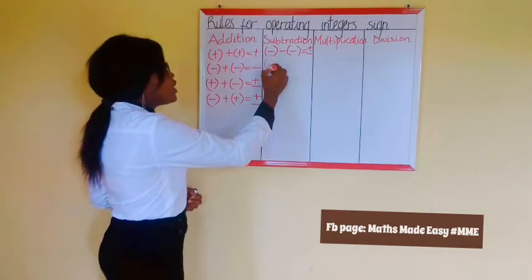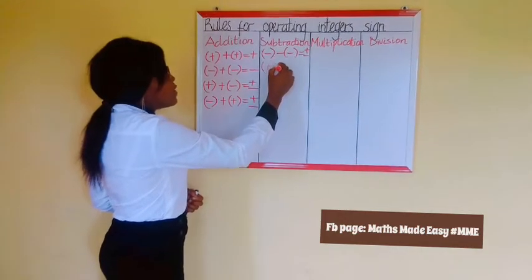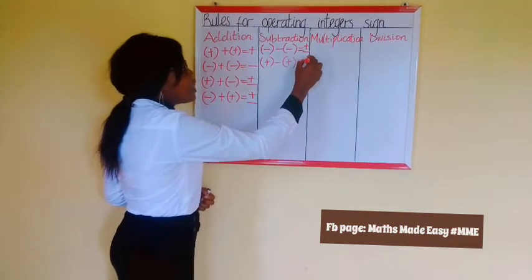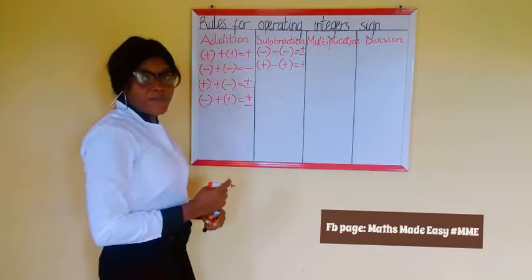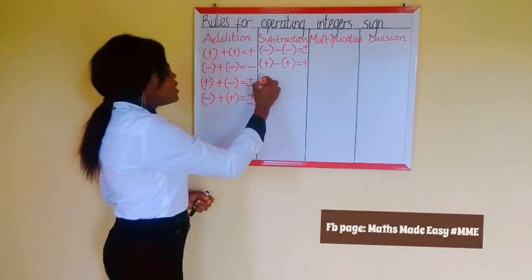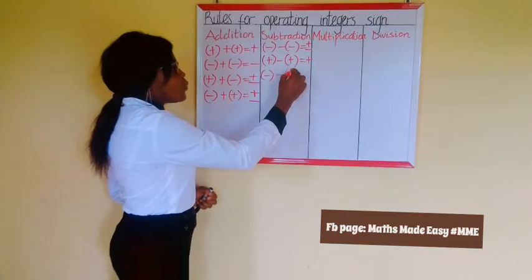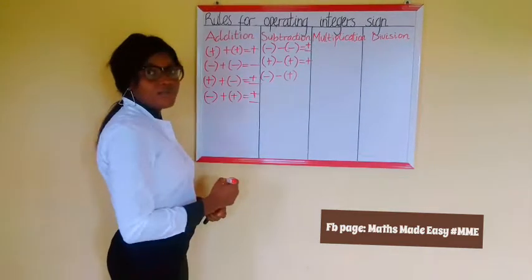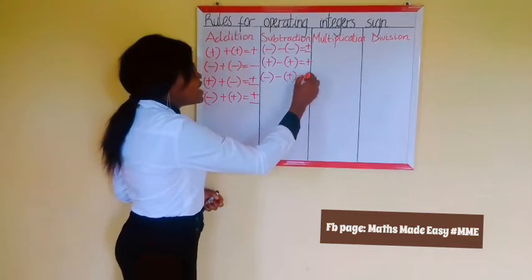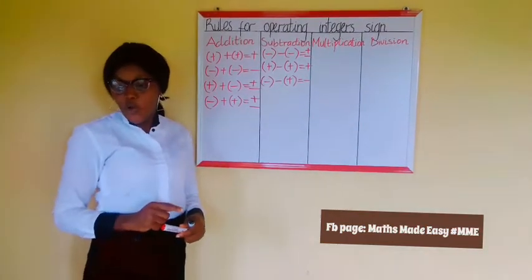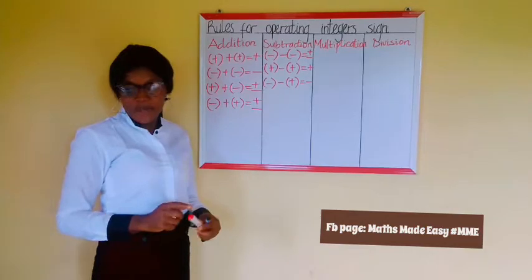Here, when we have a positive number minus a positive number, it will give you a positive answer. Here, when we have a negative number minus a positive number, it will give you a negative answer. That multiplication rule also applies there.